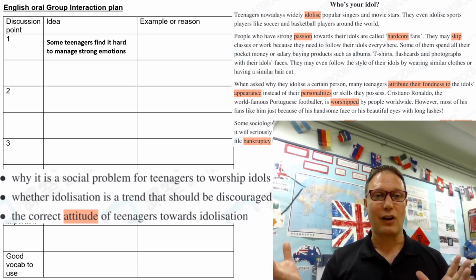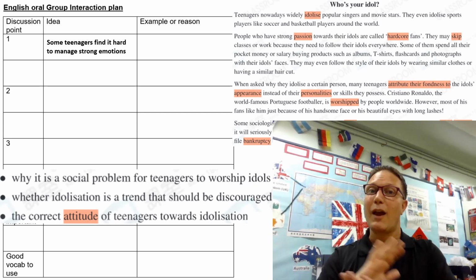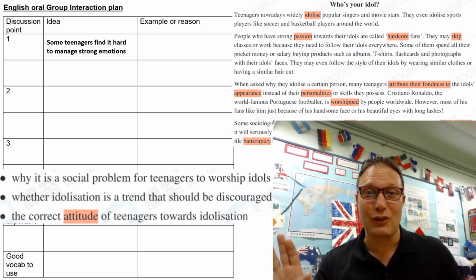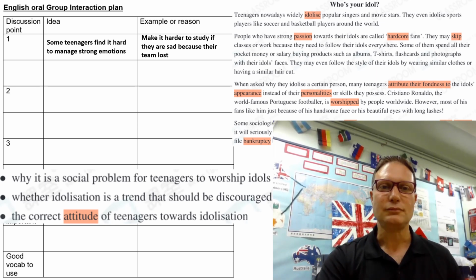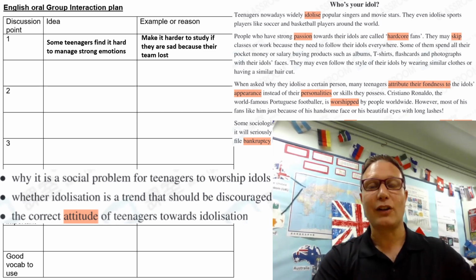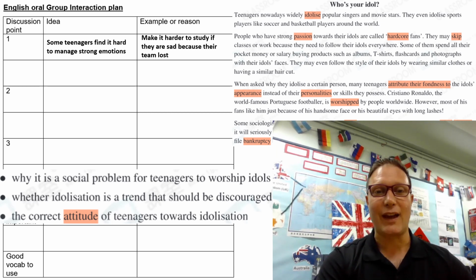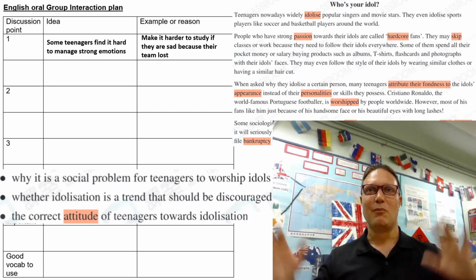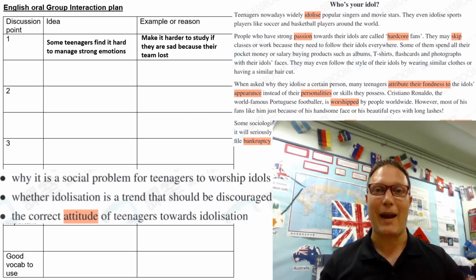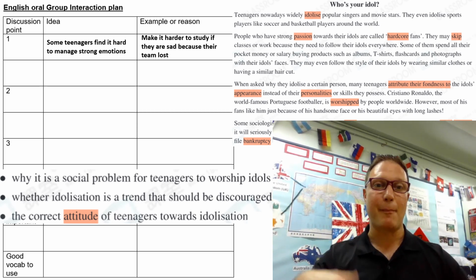But that's not all you're going to do. You have to also have an example or a reason. That makes it harder to study if they are sad because their team lost, or because their favorite K-pop star got married and therefore they won't be able to marry them.